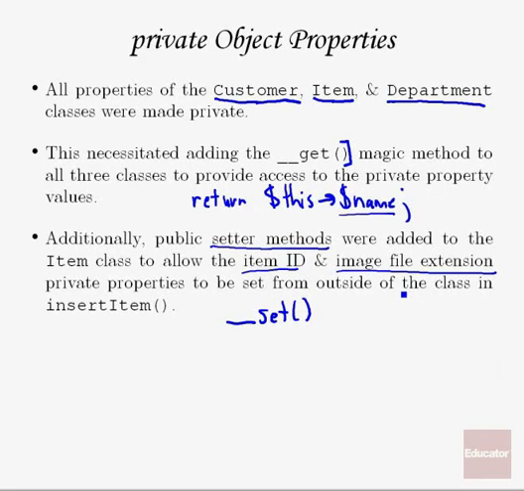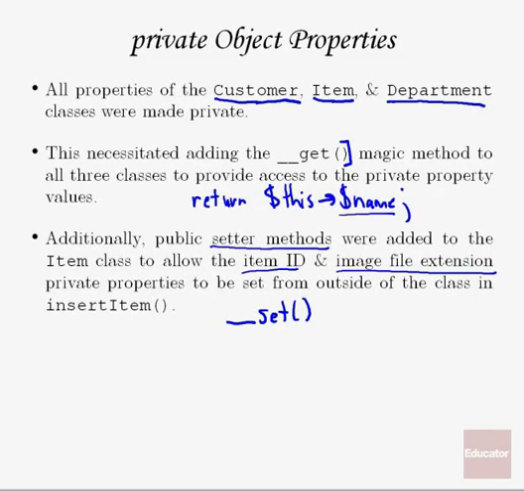We don't need them to be able to set description, price, name, because those are set in the constructor, and that sort of falls under the category of data encapsulation, which we talked a little bit about, which is the object-oriented concept of basically having the object control all of the information about its data as much as possible.